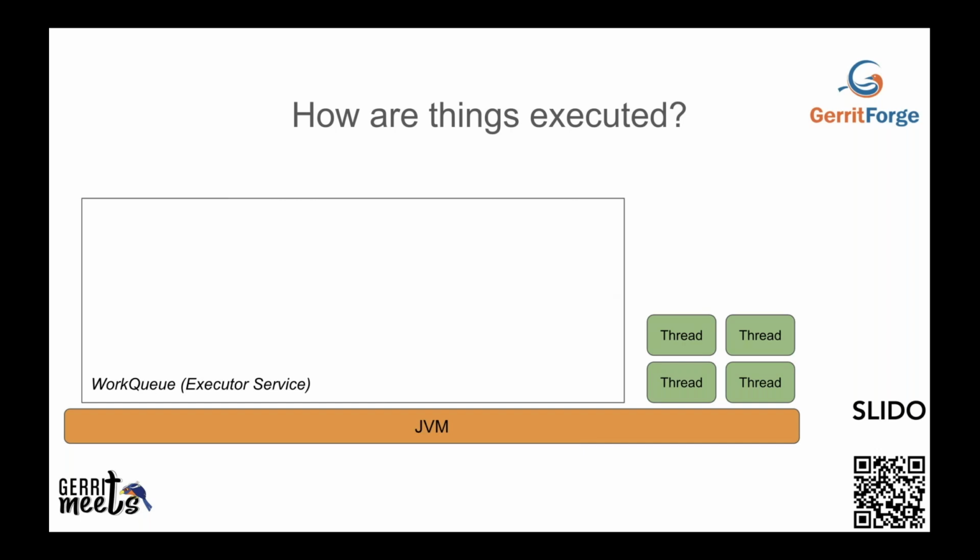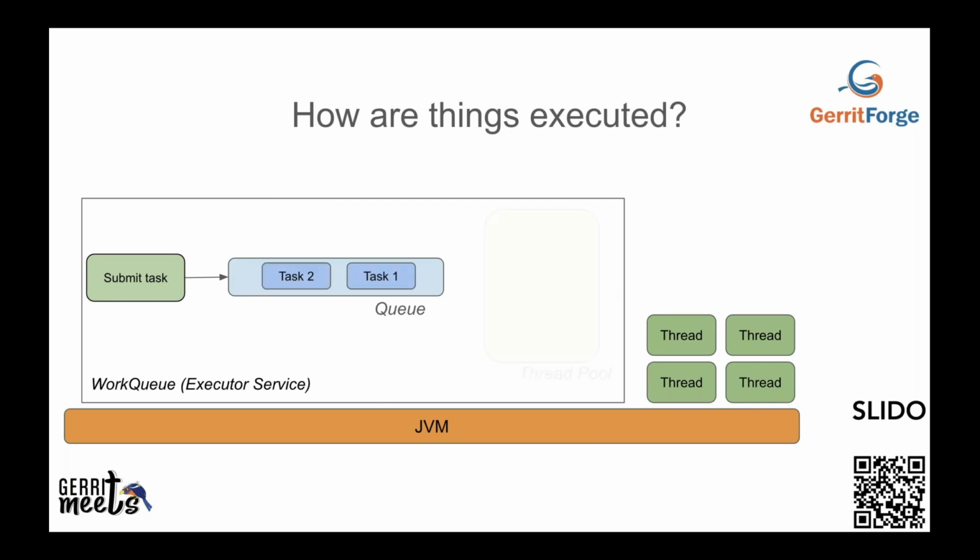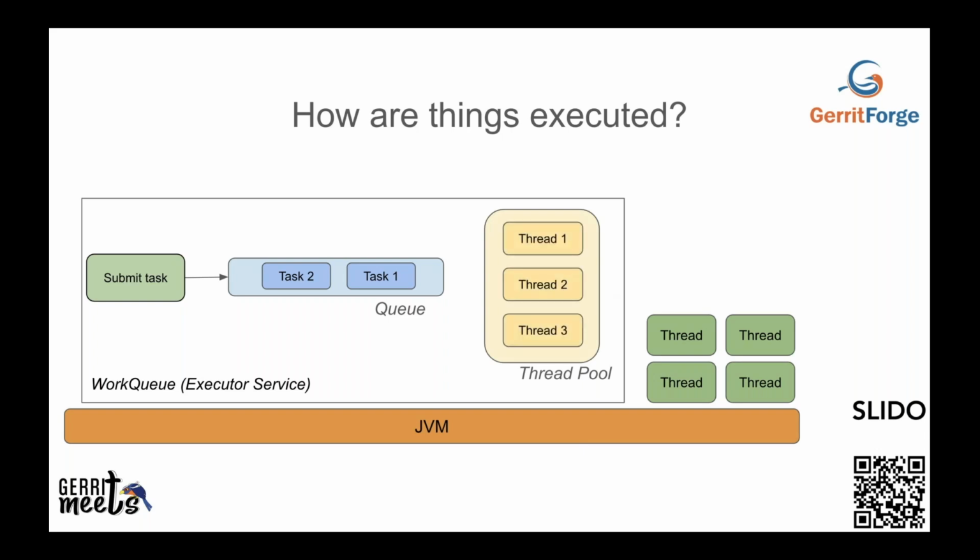As soon as one of the threads is available to execute a task, the task is executed by that thread. If you have ever looked at the source code of Gerrit, you will see the work queue pretty much everywhere. Any time Gerrit wants to perform something asynchronously, it uses the work queue to submit the task.